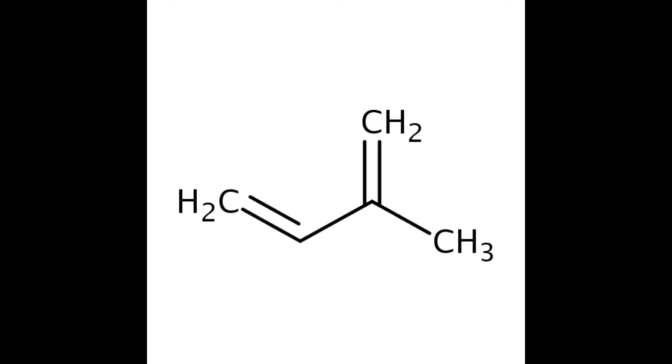So unsaturated hydrocarbon or volatile compound means it has more than single bonds in it, like a double bond or triple bond. Like I mentioned before, and like you can see in the image, there is a double bond present in the structure of isoprene.